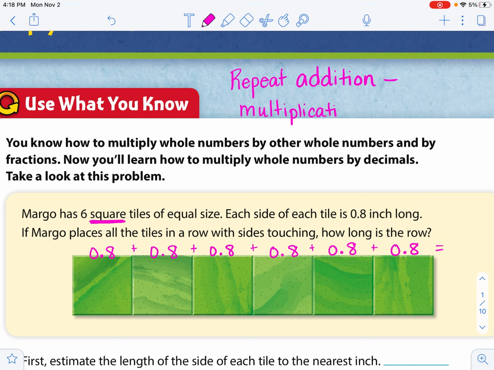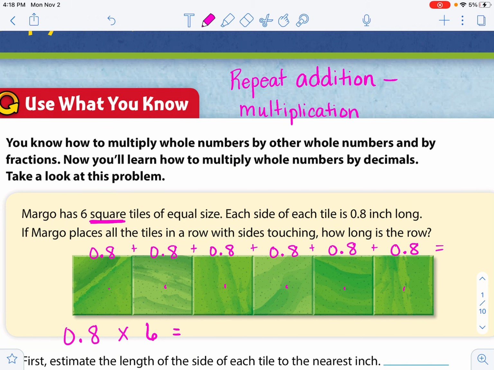So in other words, instead of adding 8/10 over and over and over again, I can do 8/10 times 1, 2, 3, 4, 5, 6 tiles. And that will tell me how long it is from end to end.